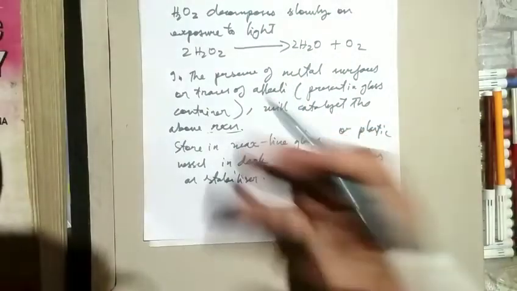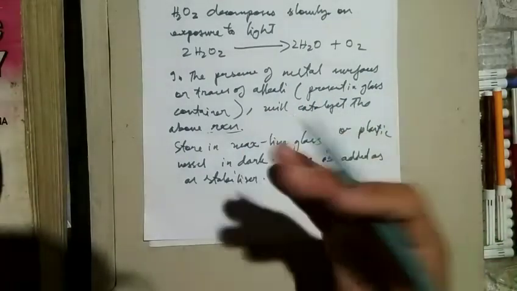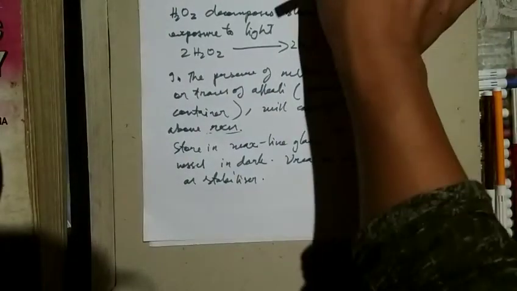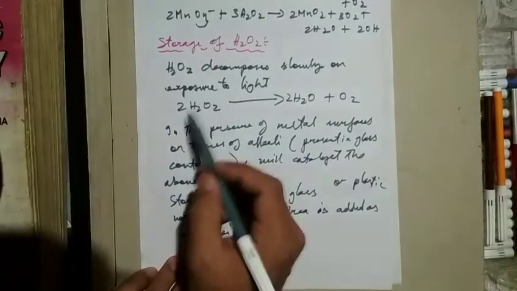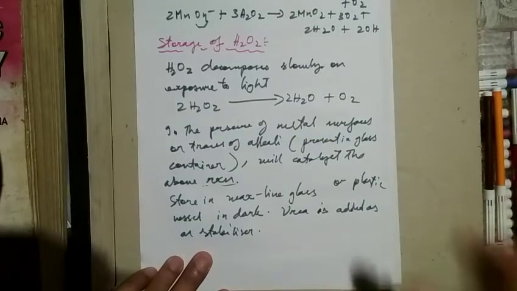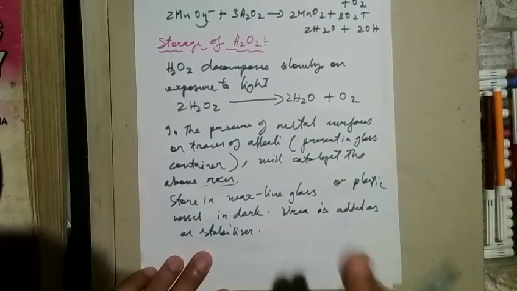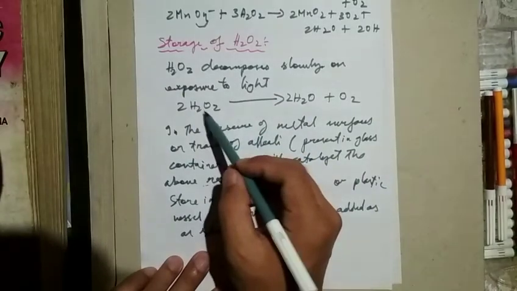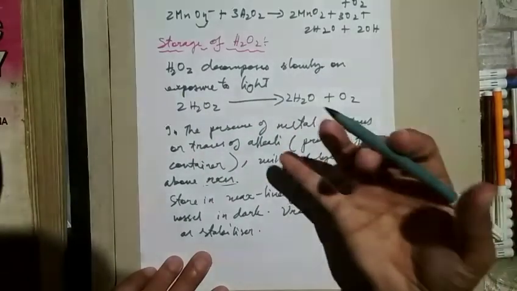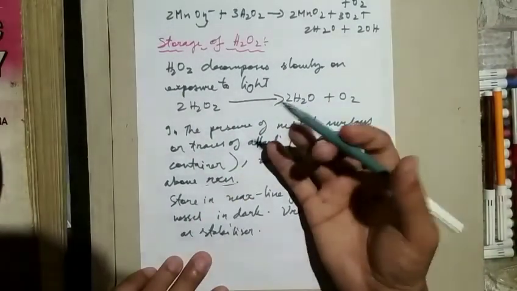So it might create an explosion if you make a mistake. It should be kept in a clean, dry and dark place to avoid decomposition of this chemical, and to avoid explosions also.